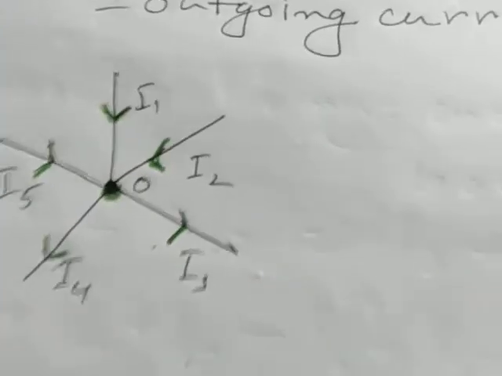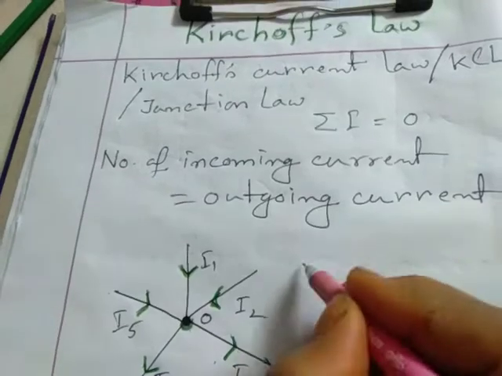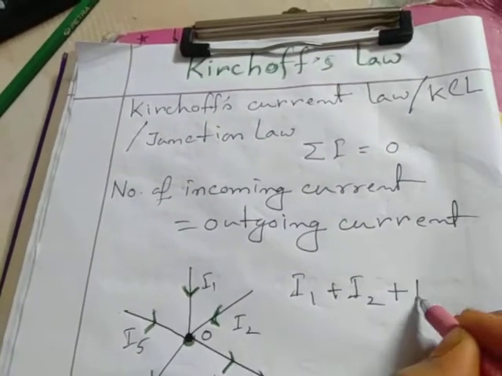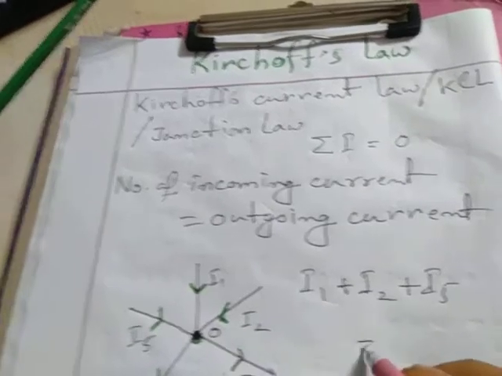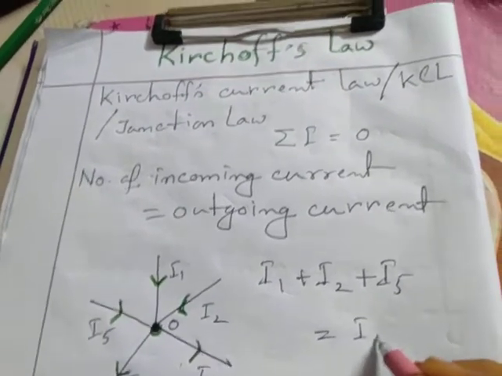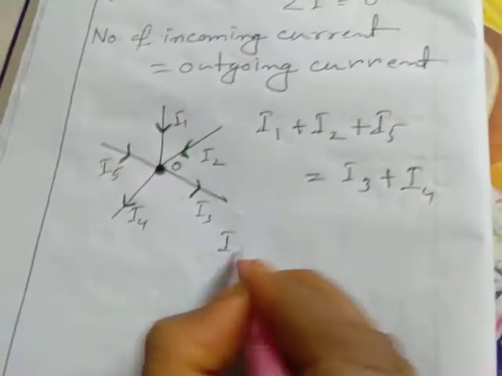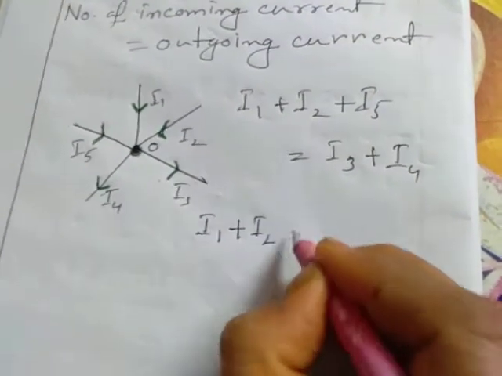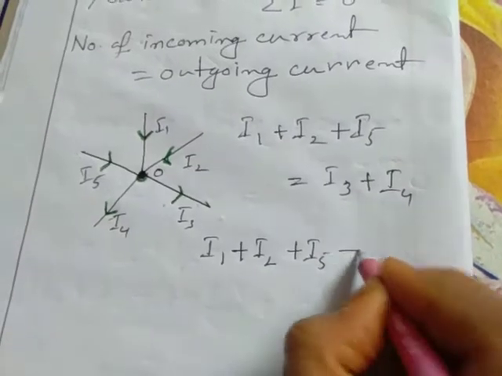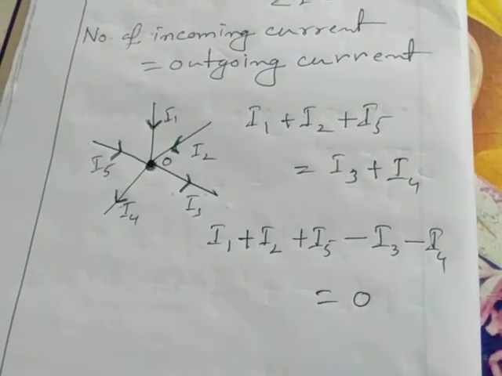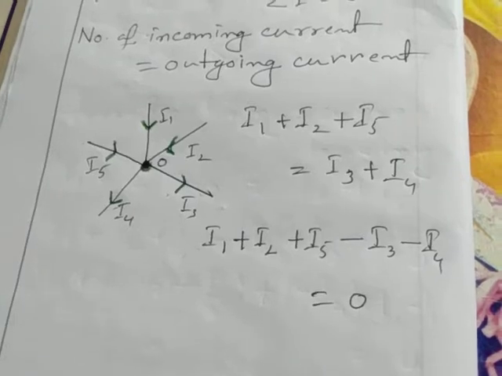So I wrote here incoming current equals outgoing current. That means I1 plus I2 plus I5 equals outgoing I3 plus I4. We can write it this way also: I1 plus I2 plus I5 minus I3 minus I4 equals 0.